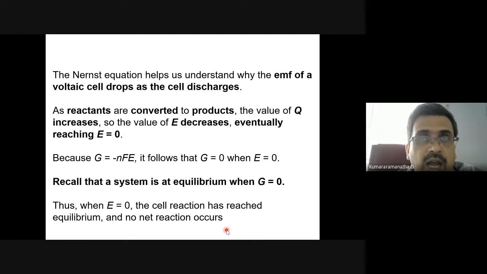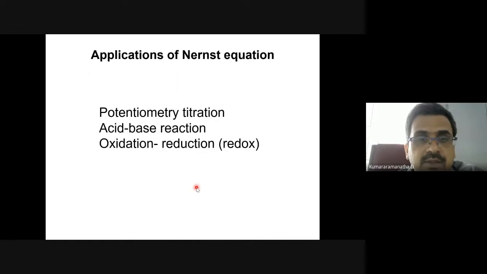Other than these basic techniques, we can also look at the important applications of the Nernst equation in potentiometric titration, which we carried out day before yesterday. All of you must have looked at the potential change. For example, what happens when Fe2 plus is changing to Fe3 plus? How much is the voltage change?